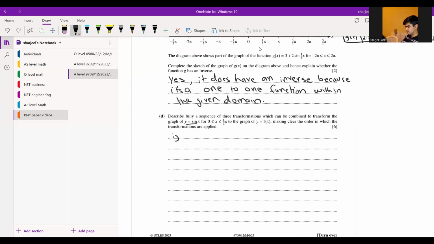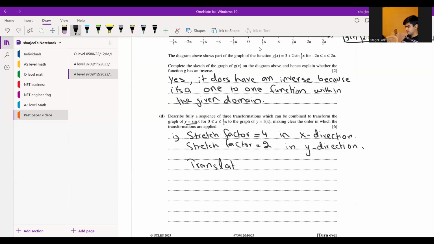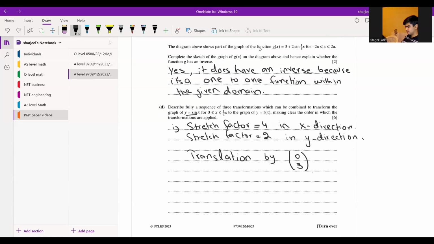So we will say that there is a stretch factor of 4 in the x direction, a stretch factor of 2 in the y direction, and the third one is a translation by 0, 3 only in the y direction.